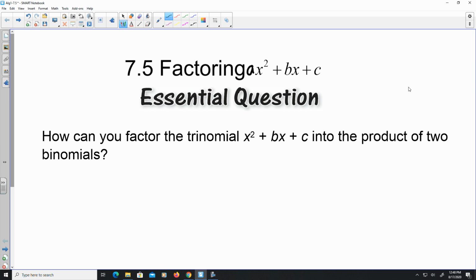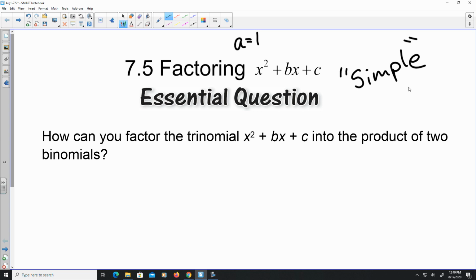So what this essentially means is anything that we're looking at today, a is actually just going to equal 1. And anytime a equals 1 in a trinomial, it is considered a simple trinomial.